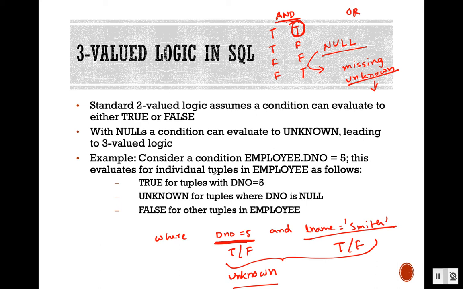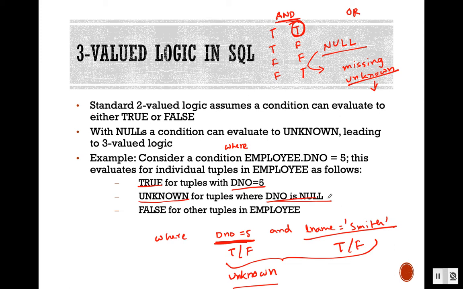This evaluates for individual tuples in Employee as follows. If we have a tuple where Dno equals 5, for that tuple this condition will return true. Now if the Dno value is null, then this condition is going to return unknown.